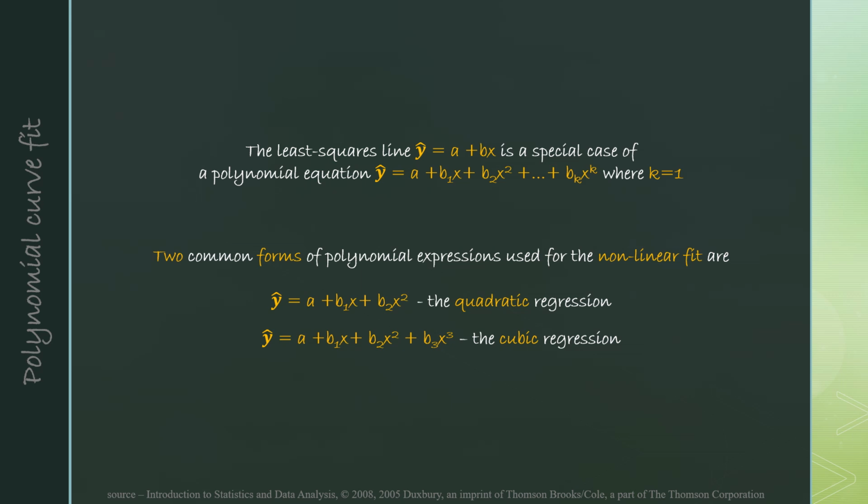Two common forms of polynomial expressions used for the nonlinear fit are y hat equals a plus b1 multiplied by x plus b2 multiplied by x square, which is called the quadratic regression equation, and y hat equals a plus b1 multiplied by x plus b2 multiplied by x square plus b3 multiplied by x cube, which is called the cubic regression equation. Let's start with the quadratic regression equation first.